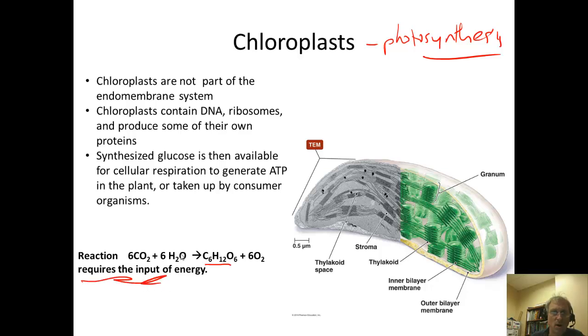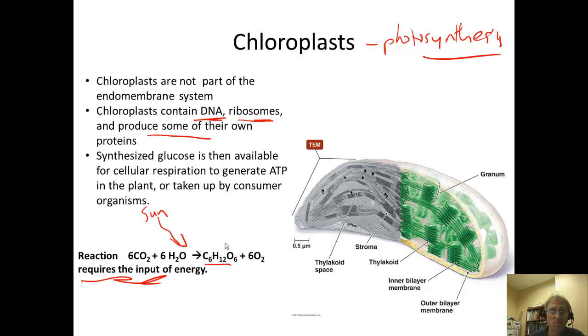And note that this requires an input of energy from the light of the sun. Much like mitochondria, chloroplasts also contain DNA. They have ribosomes and produce some of their own proteins and divide by the process of binary fission in a manner very reminiscent of prokaryotic cells.